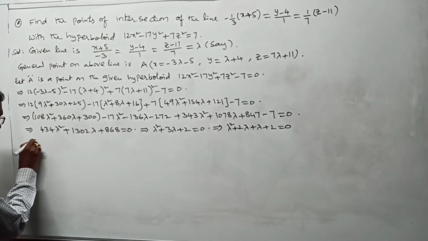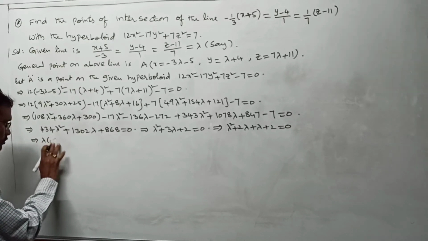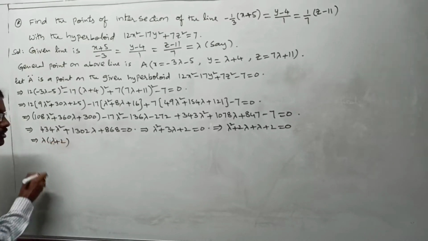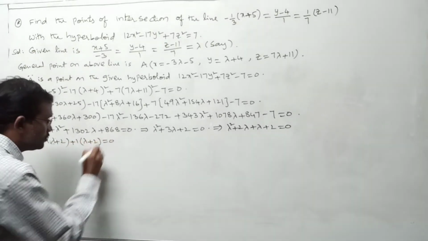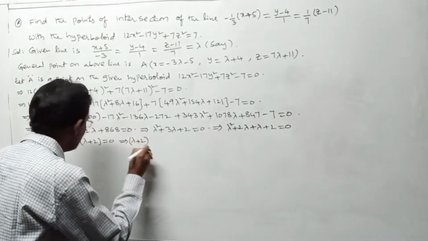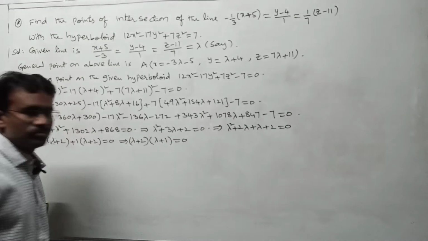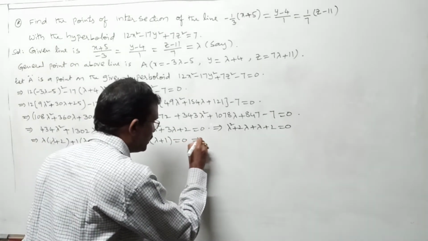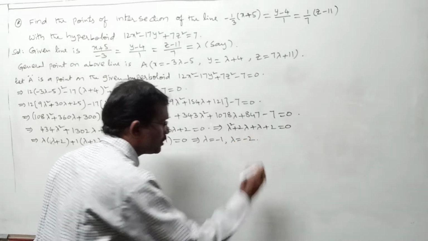This implies lambda into (lambda plus 2) plus 1 into (lambda plus 2) is equal to 0. Overall let us take lambda plus 2 common: (lambda plus 2) into (lambda plus 1) is equal to 0. From this you can find lambda values, those are minus 1, minus 2.